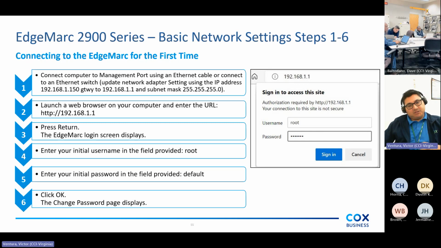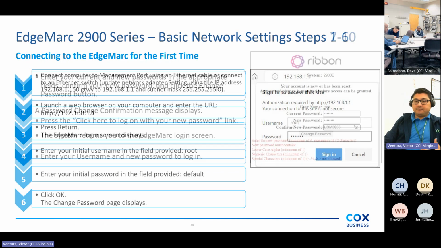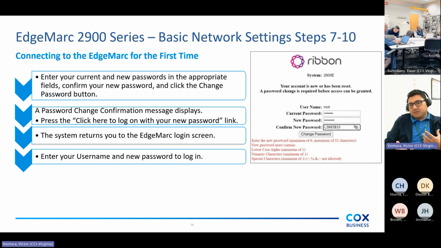You will receive a message to change the password. This password is a temporary generic password. You can use any combination. Now we use different passwords. We use this password as you see here on the screen.